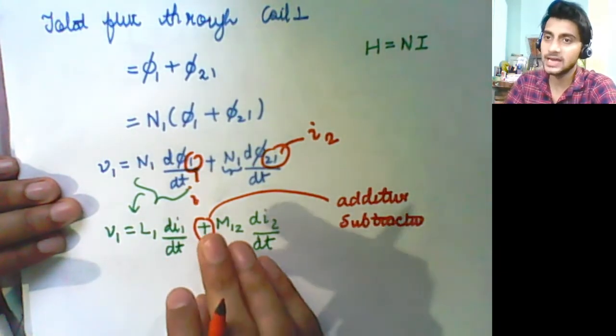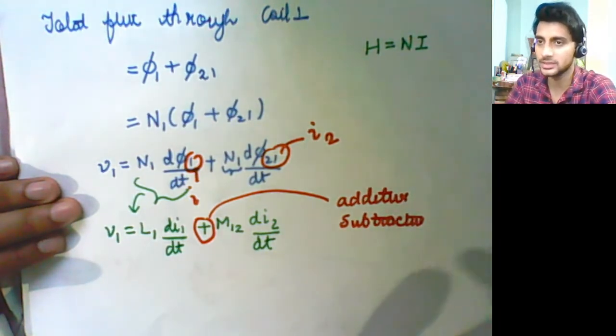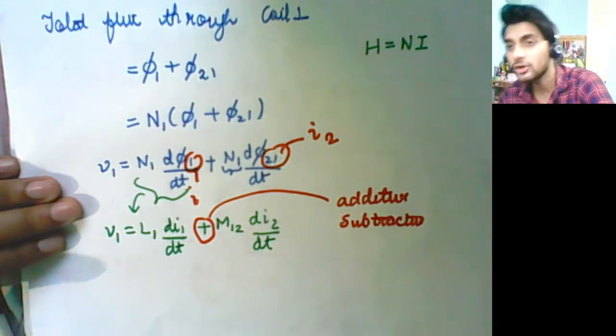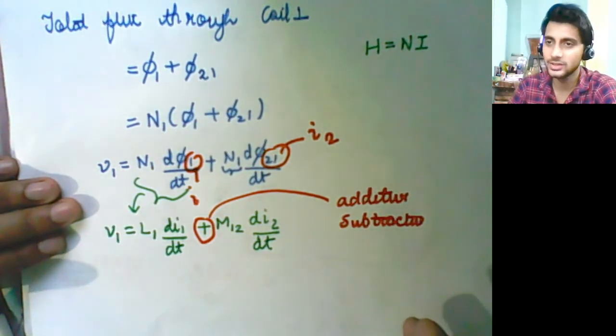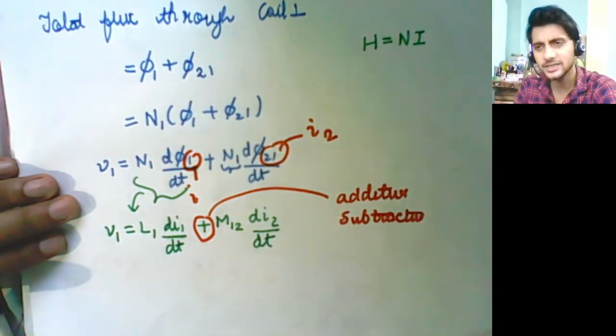It is possible that the direction of flux in one coil may be opposite to the direction of field lines in the second coil, and therefore instead of adding to the voltage, it reduces the voltage. How to decide whether a plus or minus will be used is a different thing, to be covered in the next part.